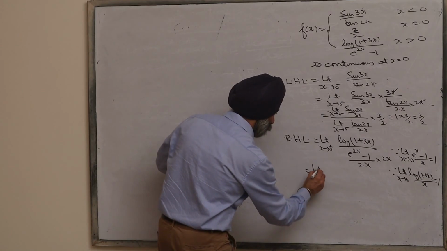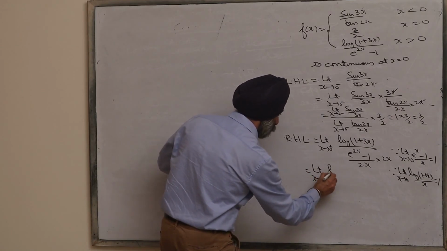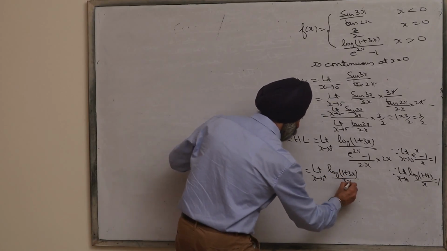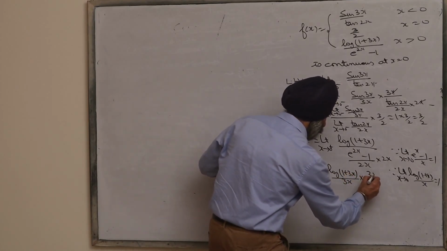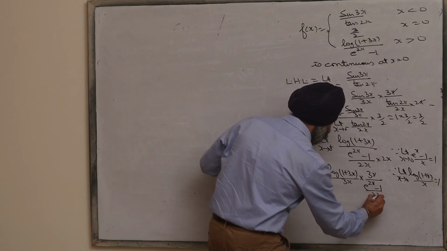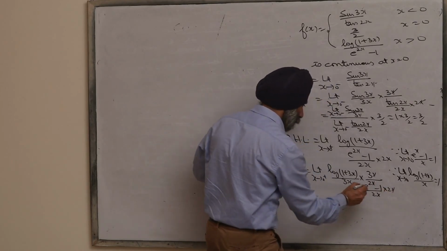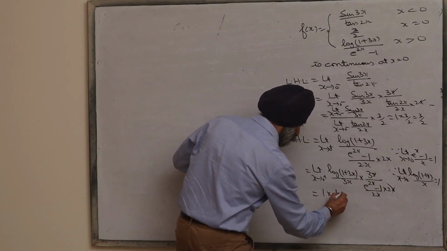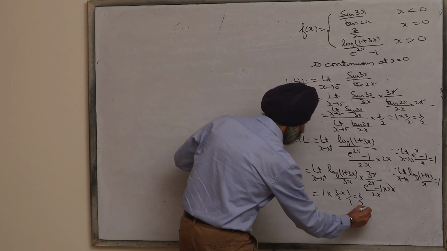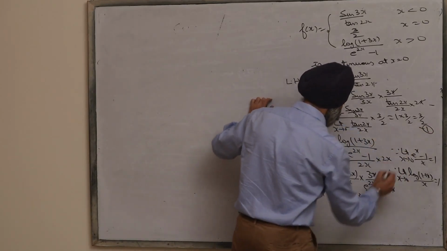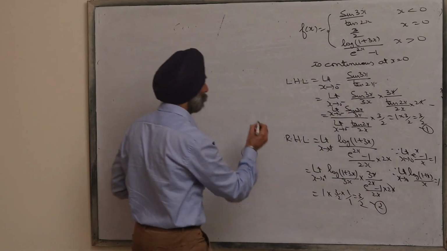So this is equal to limit x approaches to 0 positive, log of (1 plus 3x) upon 3x into 3x upon e raised to power 2x minus 1 over 2x into 2x. Now this will cancel. This is equal to 1 into 3 by 2 into 1 over 1, which is equal to 3 by 2.